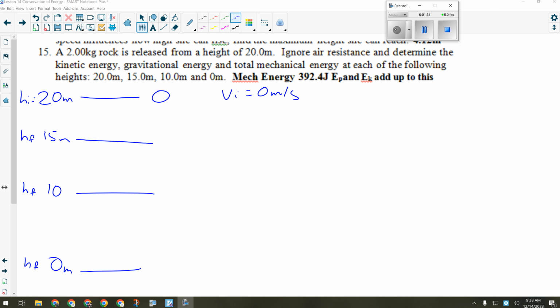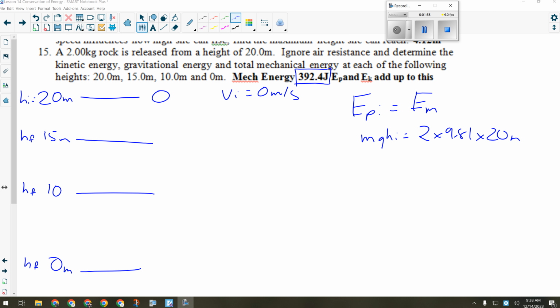So I'm going to calculate the initial potential energy, knowing that it is also my mechanical energy at every single point. To do that, I go m times g times h initial: 2 times 9.81 times 20 meters. That gives me 392.4 joules.